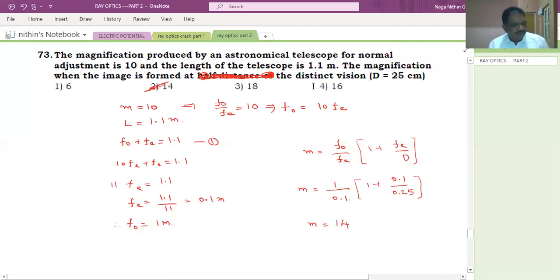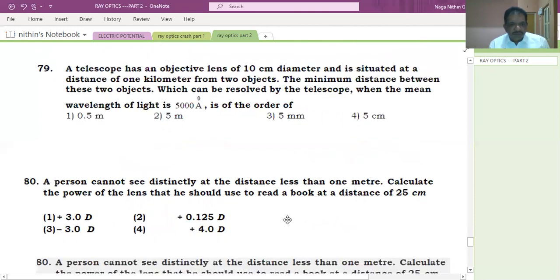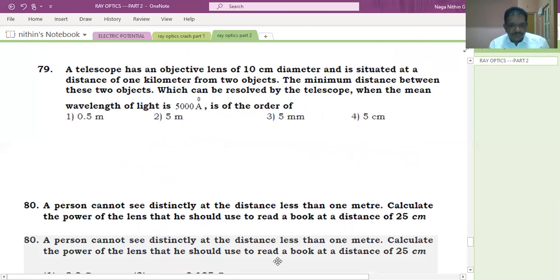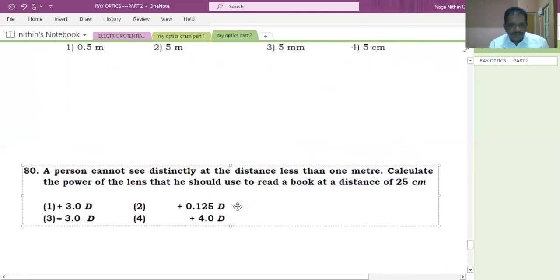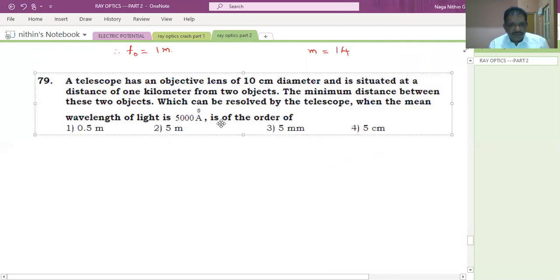Next, after 73, 79, you see a telescope has an objective lens of 10 centimeter in diameter and is situated at a distance of 1 kilometer from the two objects. Minimum distance between these two objects, which can be resolved by the telescope, when the mean wavelength is 5000 angstrom unit, is of the order of.